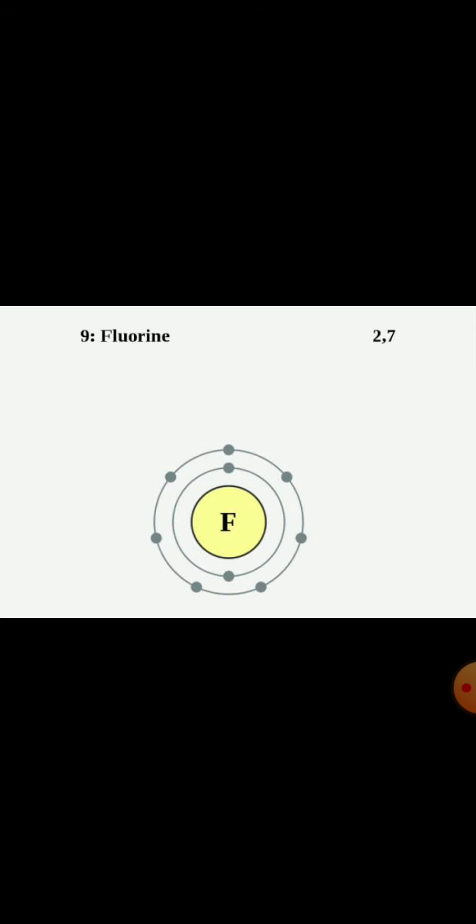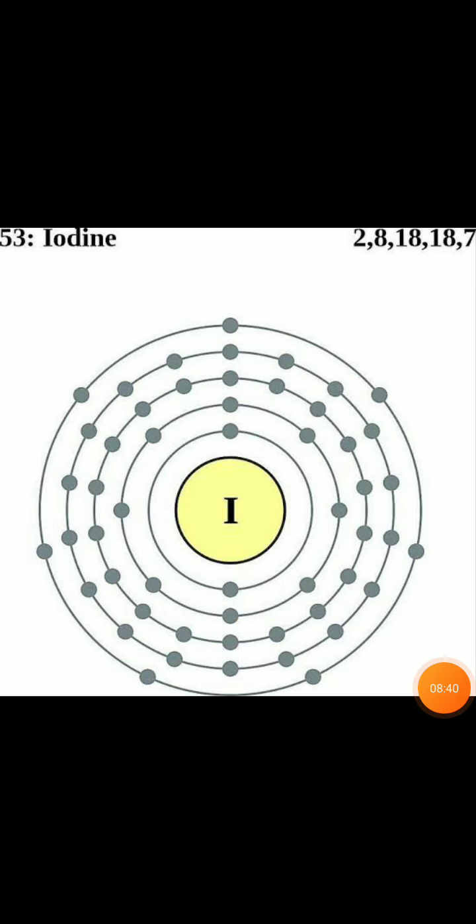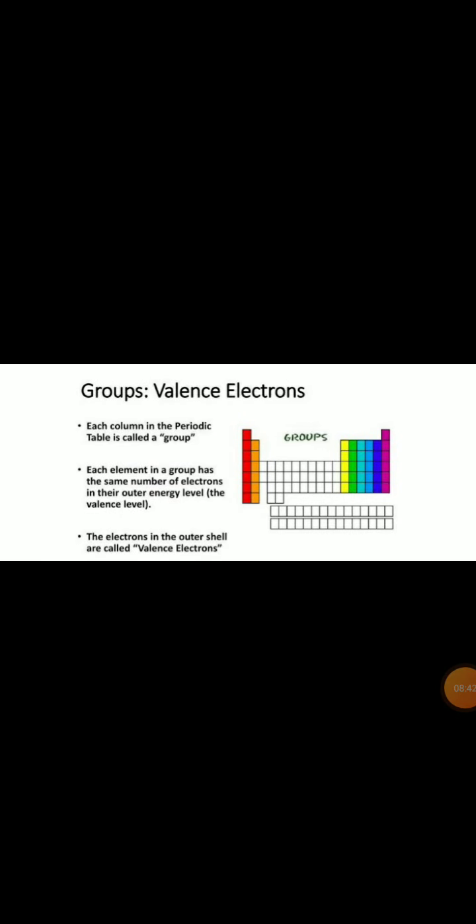We have already looked at group number 1. You can check for all other groups also. So from this we came to the conclusion that elements present in the same group will have the same valence electrons.